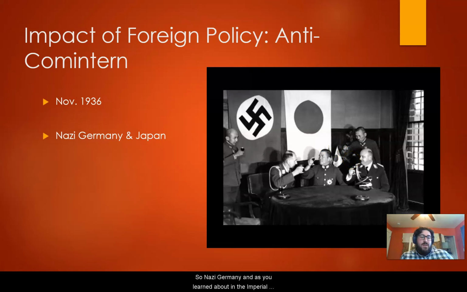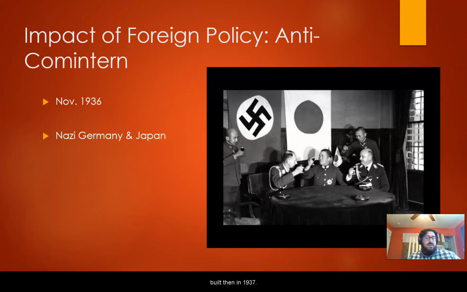So Nazi Germany, and as you've learned about in the Imperial Japanese unit for Paper 1, Japan is more than willing to work with Germany because they do not want to work with Britain. They do not want to work with any other country. And so we start to get the alliance structure that gets built.